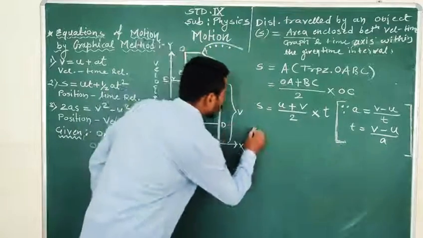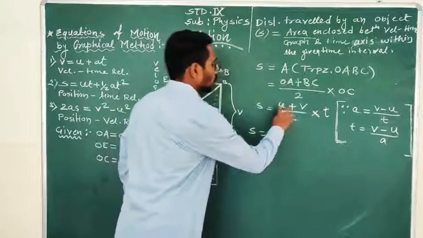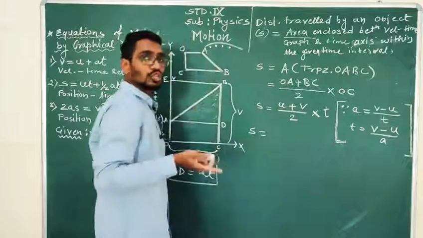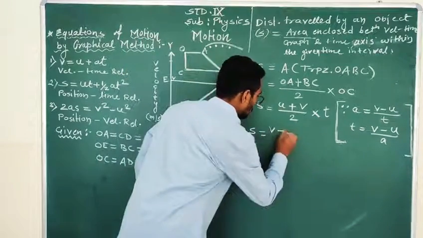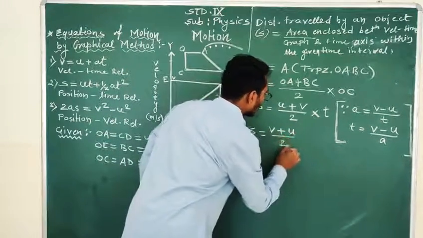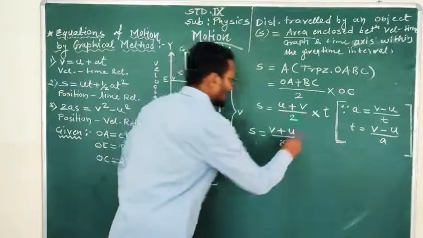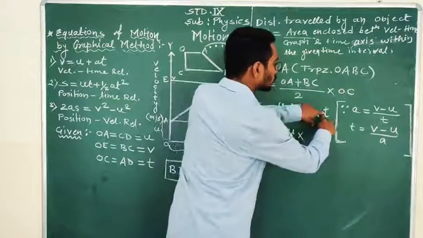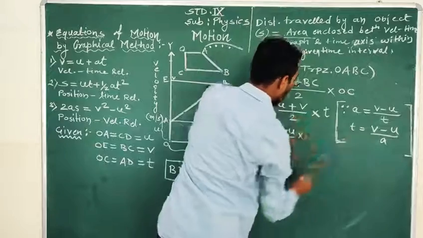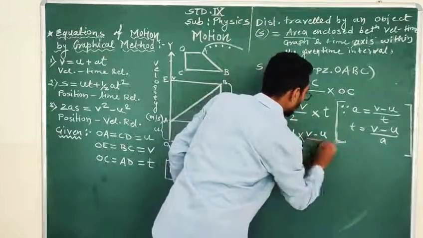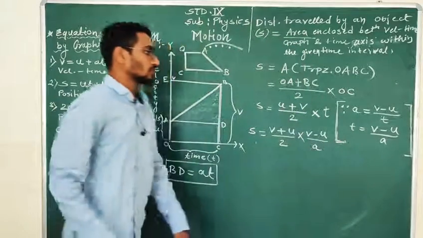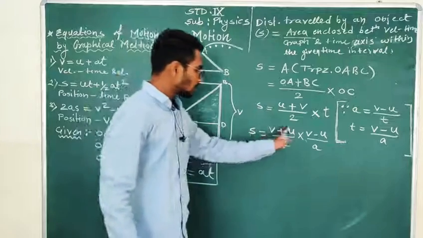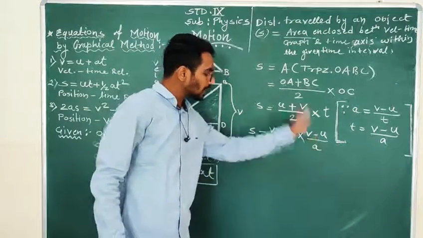Now s is equal to u plus v, इसको v plus u लिखो तो चलेगा ना. Both are the same, whether v plus u or u plus v. Into what? t is equal to v minus u by a. ठीक है, s is equal to v plus u by 2 into v minus u by a.